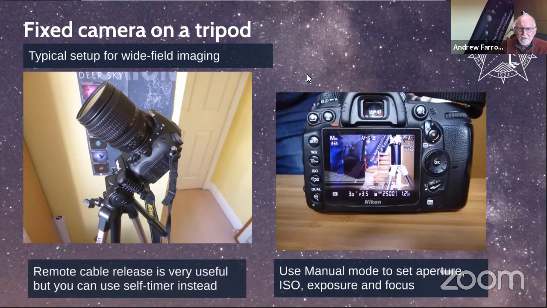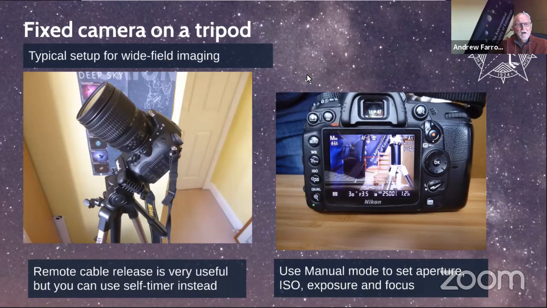So the first thing to do is to make sure we've got the camera set to manual mode, and then we adjust the aperture, the ISO, the sensitivity if you like, and the exposure, and most importantly focus. Trying to do some of these things automatically is fraught, so you're much better making sure you have control, and then you can adjust them to improve the results or see what effect it gets.